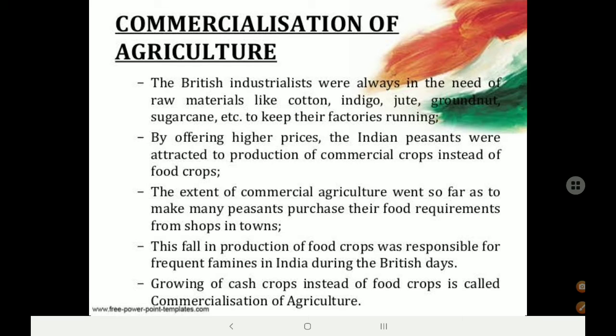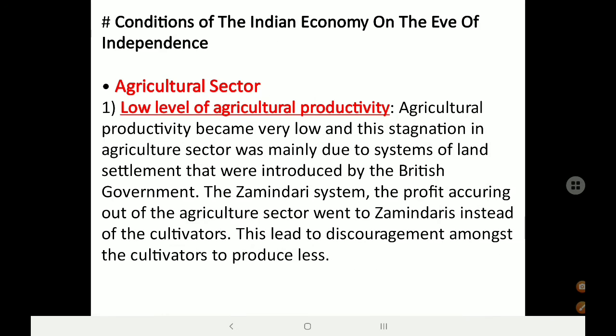Due to this, the production of food crops became very low and the production of cash crops became high. Cash crops like jute, indigo, cotton, these are the cash crops. India became the exporter of raw materials and the importer of finished goods.